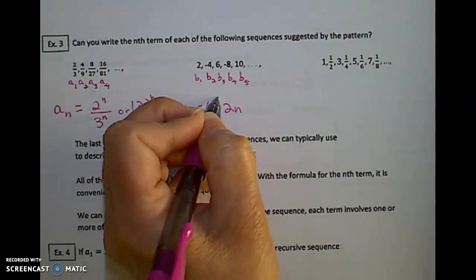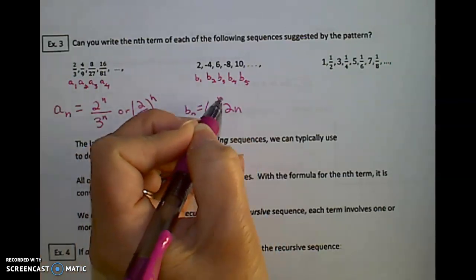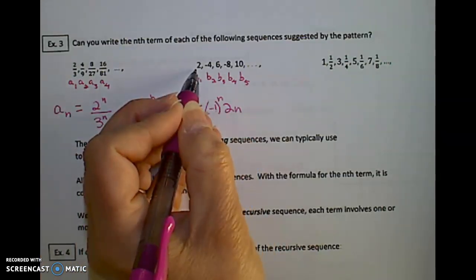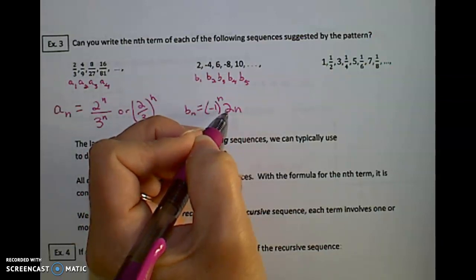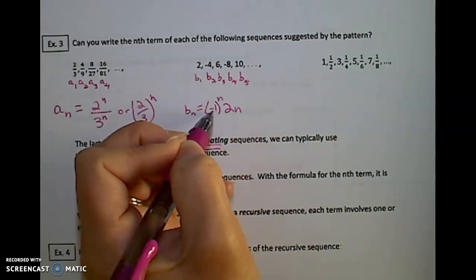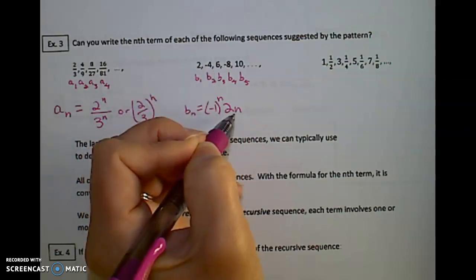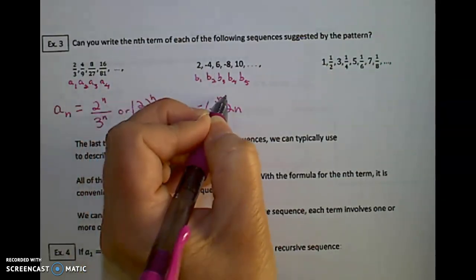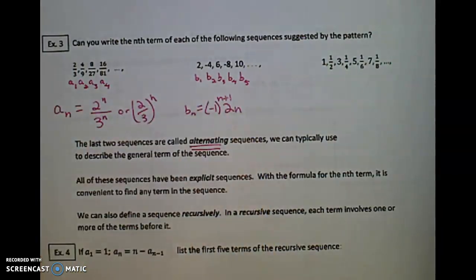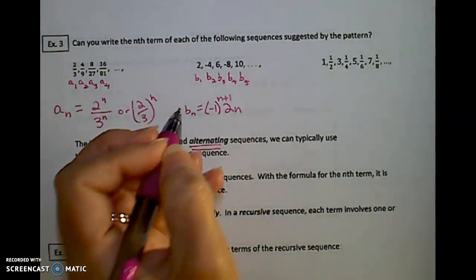If I raise negative 1 to the nth power, negative 1 to the first is negative, times 2 would be negative 2. I don't want it to be negative. Negative 1 to the second would be positive, times 4 would be positive. I don't want it positive, so I'm going to use this trick. And that should describe that sequence.